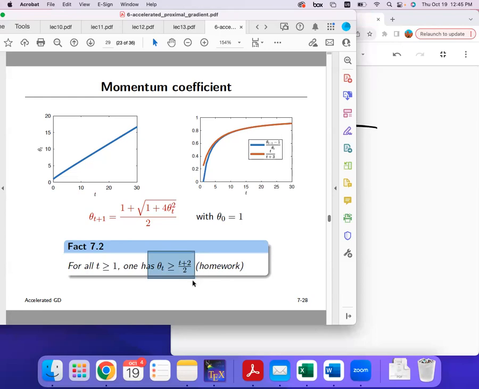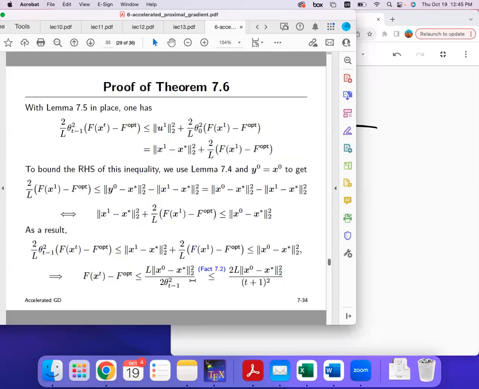So plug this into that inequality, because that is a lower bound of theta_t. This is compatible with this inequality, since here we have less than or equal to, and theta_t is in the denominator. So we can plug in a lower bound. And then that is further less than or equal to such a term. And because of theta_t, we get (t plus 1) to the power of 2 in the denominator.